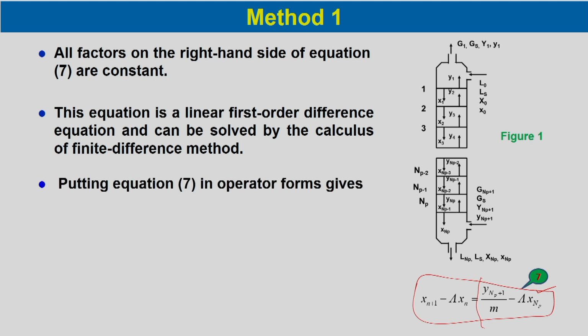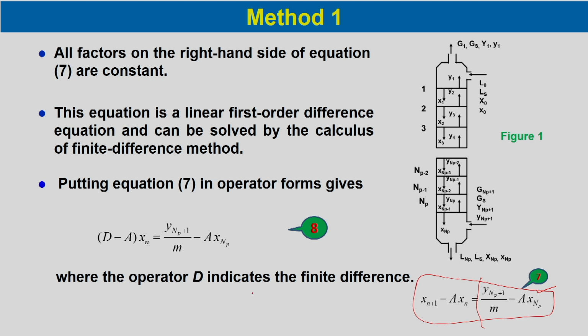Now, putting equation 7 in operator form, it gives D minus A times x n equal to y n p plus 1 divided by m minus A x n p. Here the operator D indicates the finite difference.